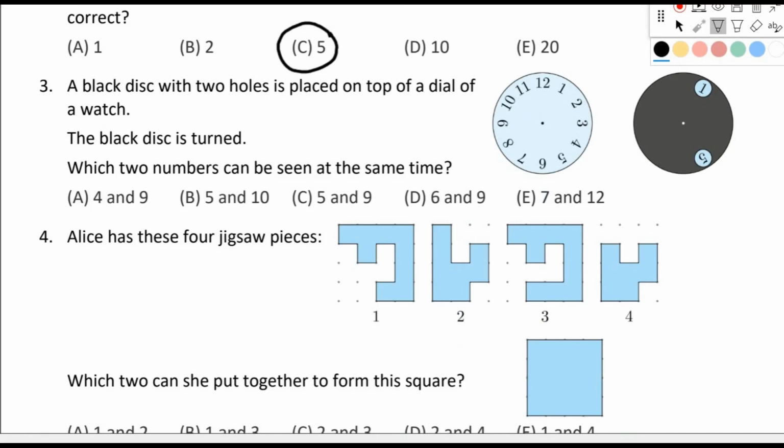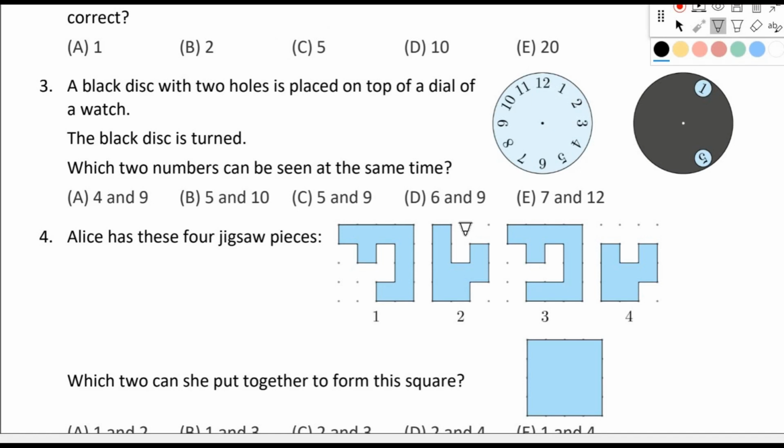Moving ahead, question number 3. A black disc has 2 holes, and it is placed on top of the dial of a watch. You see on the right side there are 2 holes, on 1 and 5 of the dial. If you imagine that it is placed over this dial, the holes are on 1 and 5. I'm writing H1 for hole 1 and H2 for hole 2.